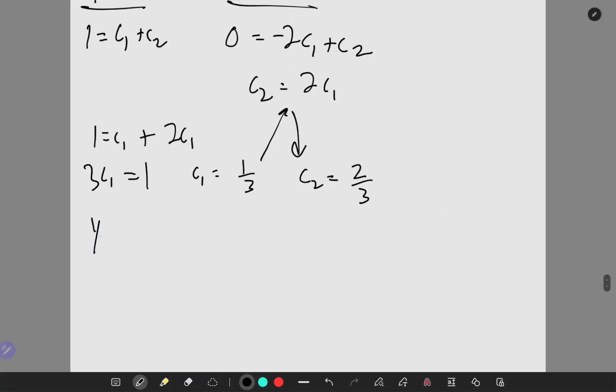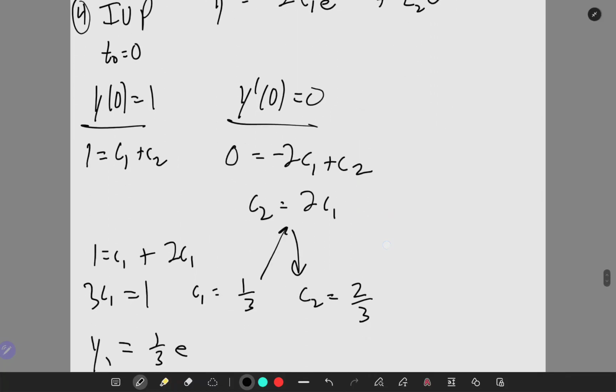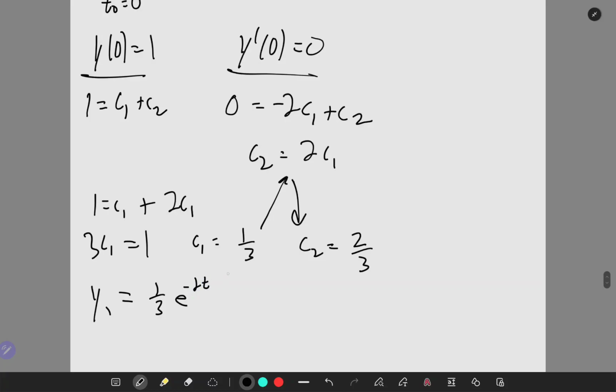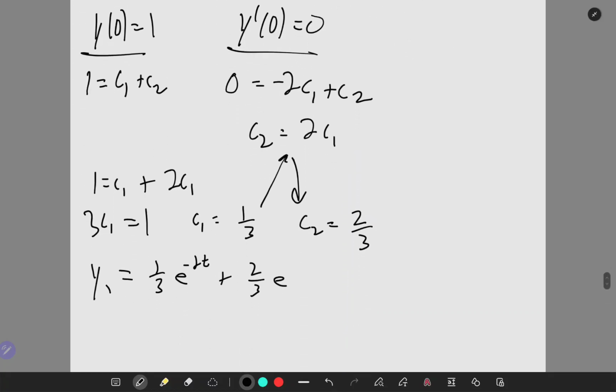So then our first general solution would be 1/3 e to the negative 2t, sorry, plus 2/3 e to the t. That's our first general solution.